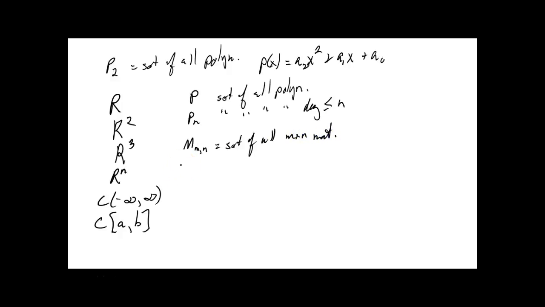And M sub nn is a set of all n by n matrices. These are required to be square, the others can be rectangular. All those are vector spaces. They meet every criteria. So you don't have to go back and prove any of those. They do. They meet those criteria.